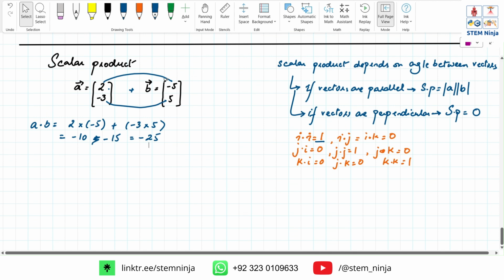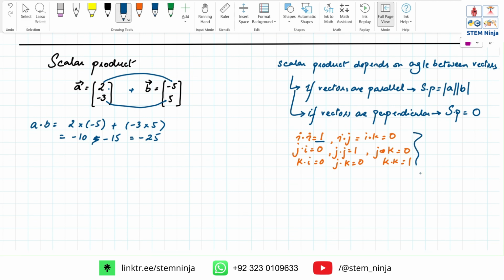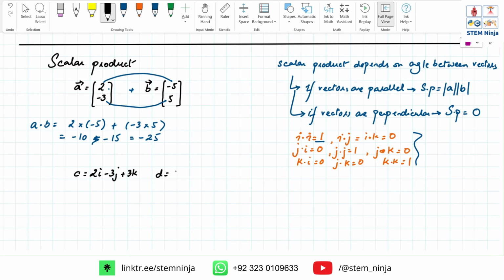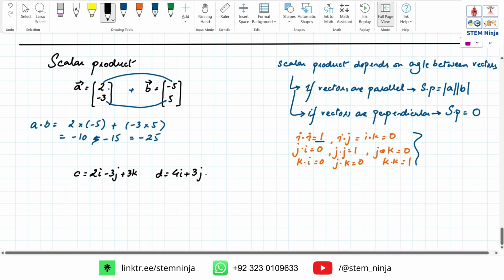I will just do it once to show you these representations, and then you don't need to do this. So for example, you have two vectors, c, let's say 2i minus 3j plus 3k, and b vector is, let's say, 4i plus 3j plus k.